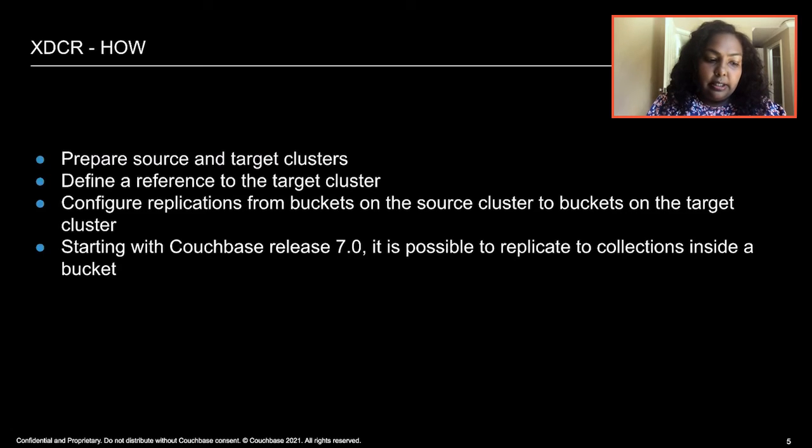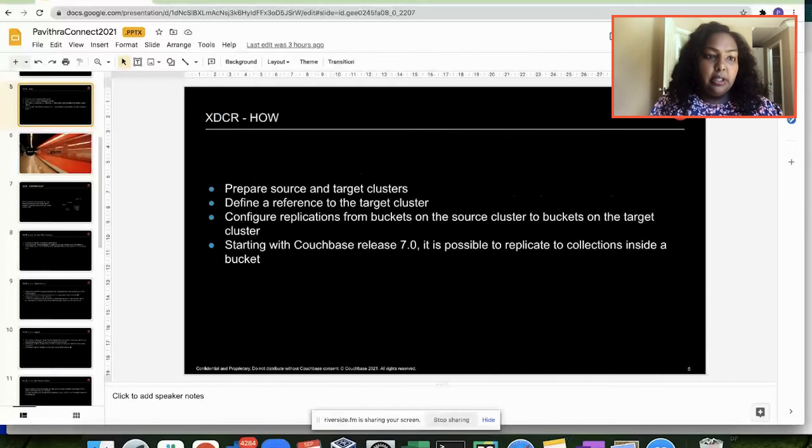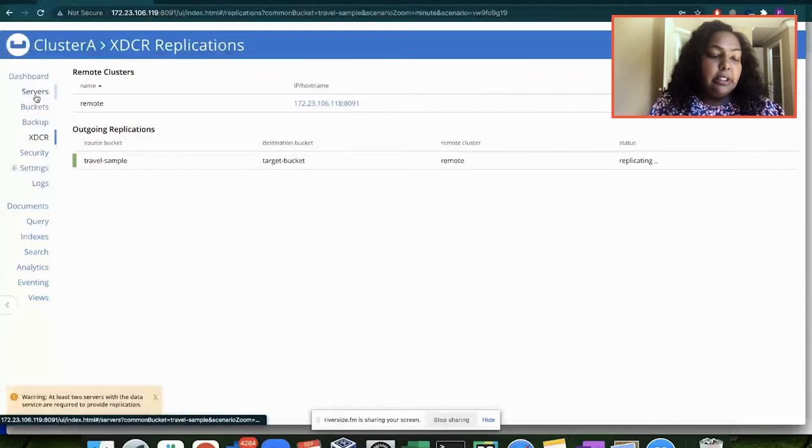So let's look at some Couchbase XDCR setups, and hopefully this helps you to replicate these setups in your environment. So the very first one is an on-prem setup, very simple. As you can see, let's start here.